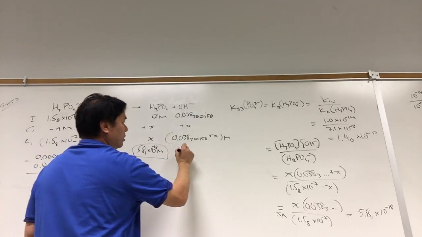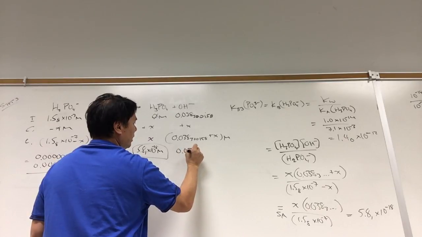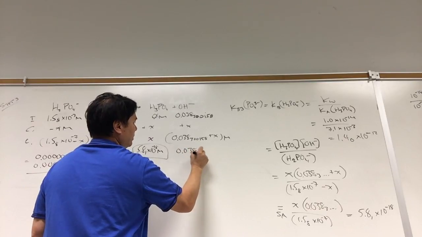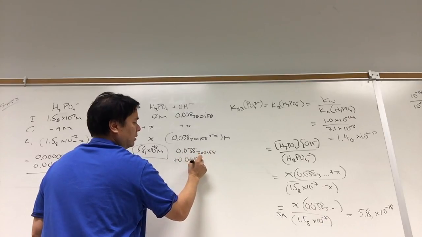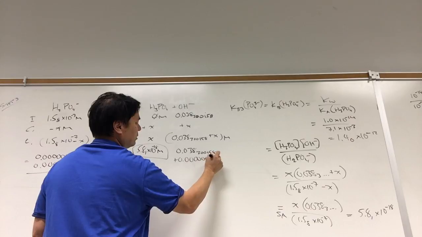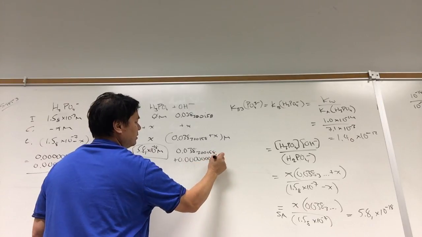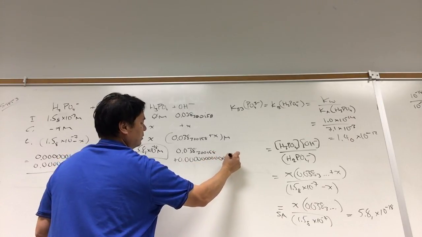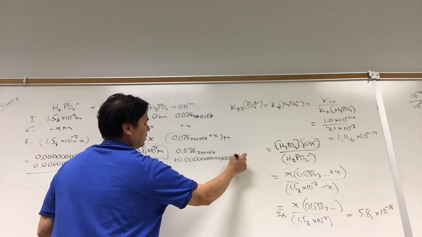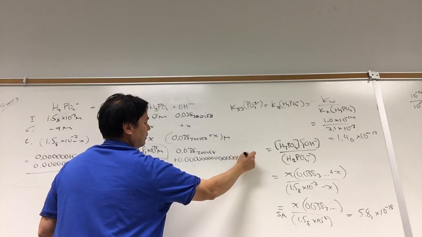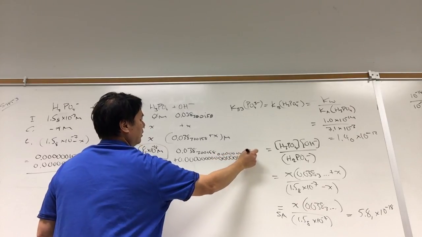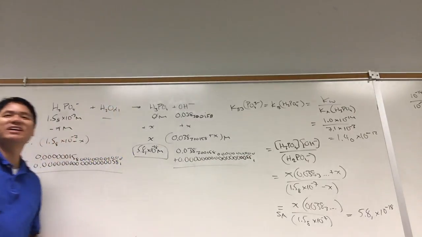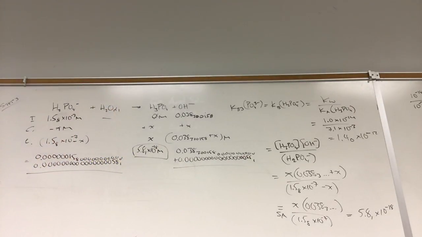And over here, the hydroxide is going to be 0.038300158 plus 17 zeros. Did we gain much there? And so that's good, it doesn't really perturb anything.